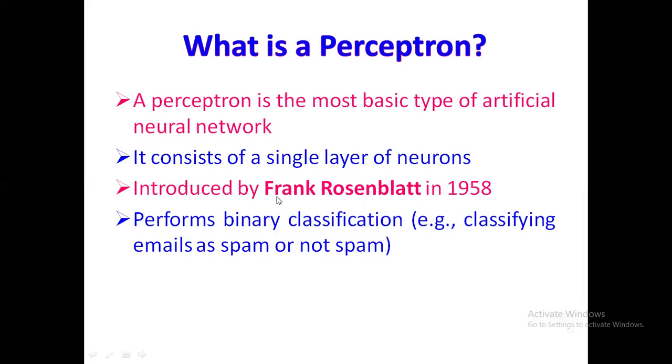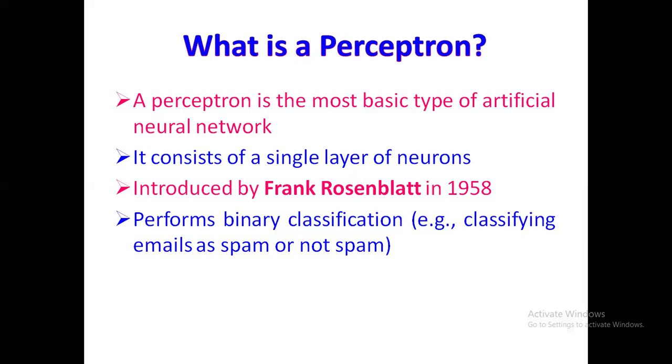This model was introduced by Frank Rosenblatt in 1958 as a computational representation of a biological neuron, and it marked one of the earliest attempts to mimic how the human brain processes information.